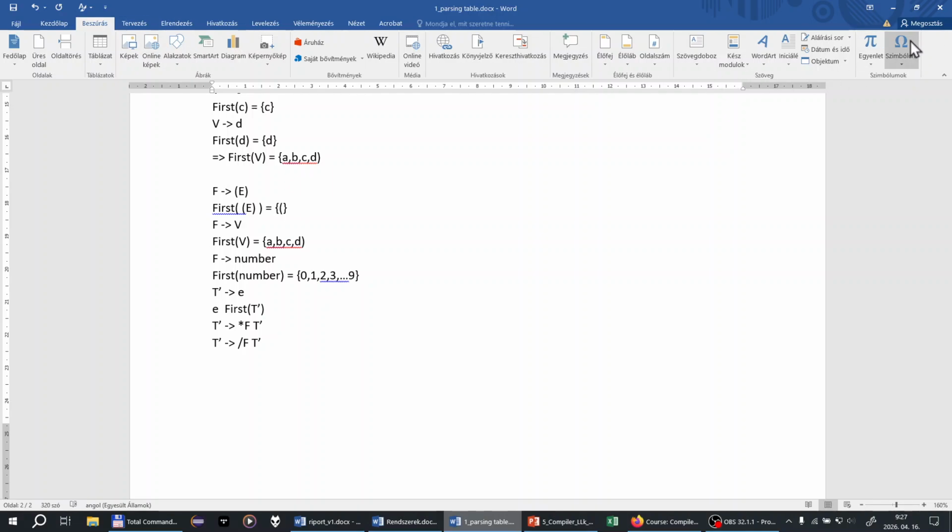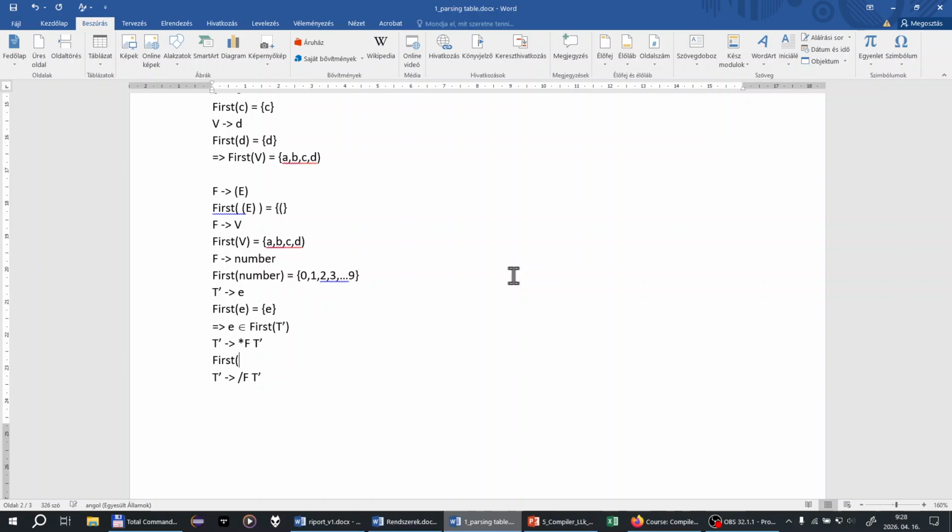So what we know is that epsilon is an element of first T prime. And so first epsilon equals the set containing epsilon. Epsilon in this case is the empty string.